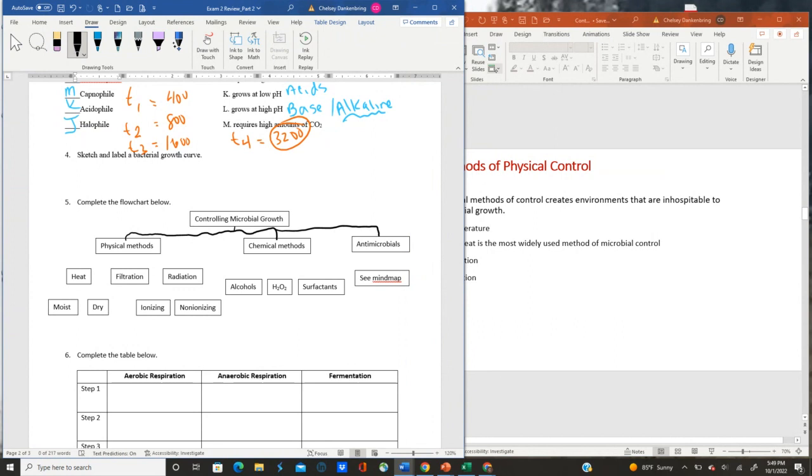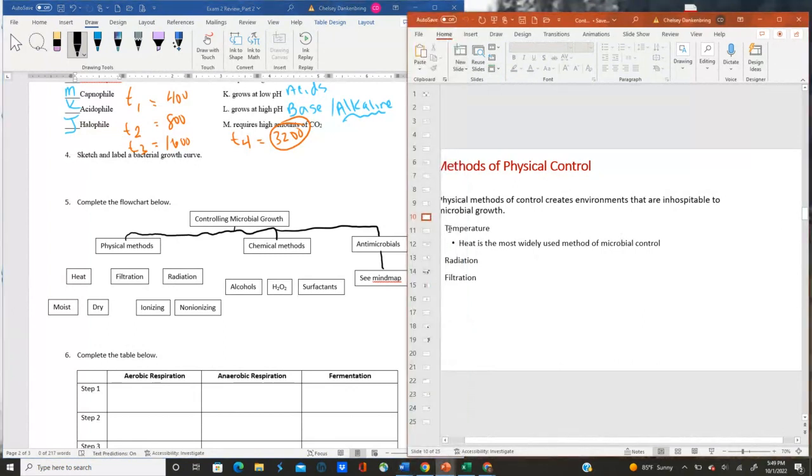So when it comes to the antimicrobials, you could build this whole thing out, okay? But we did a mind map on Friday, so I'm not going to do that. But when it comes to physical methods, if you look on this PowerPoint slide, we break it into 3 sections. We spent most of our time on temperature with heat, but think about what you do with your leftovers. You put them in the fridge, right?